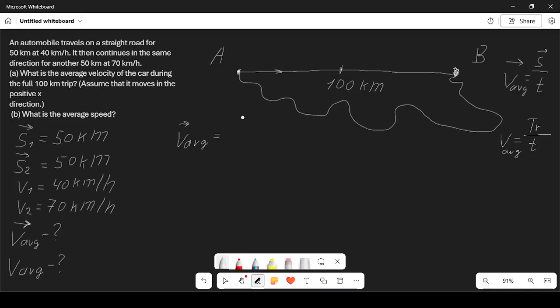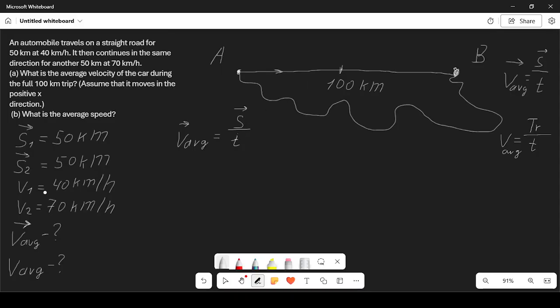As we said before, it's the displacement from A to B divided by the time consumed. Simple, nice and easy. We know the displacement, it's 100 kilometers. But we don't know the whole time consumed during the whole trip.